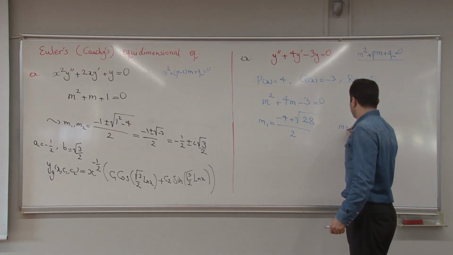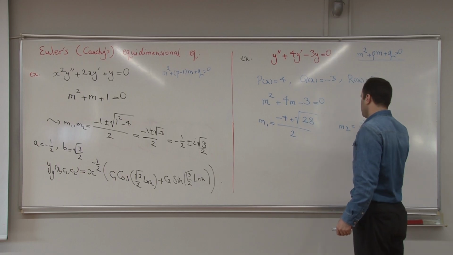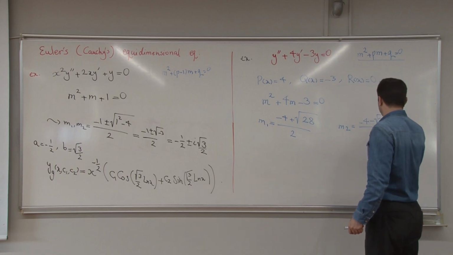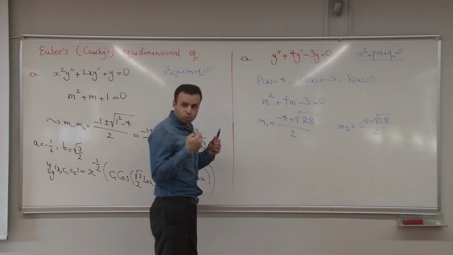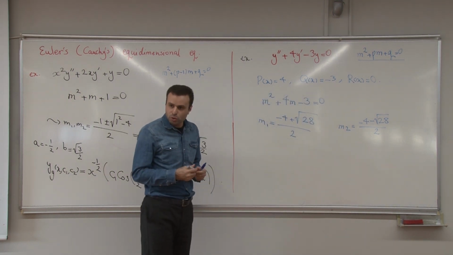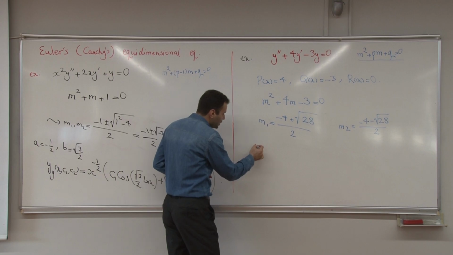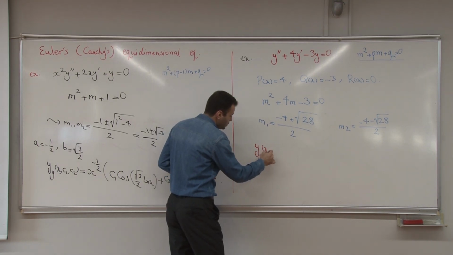And our m2 is going to be minus 4 minus the square root of 28, divided by 2. Now, since I have two real distinct roots, what is my general solution?